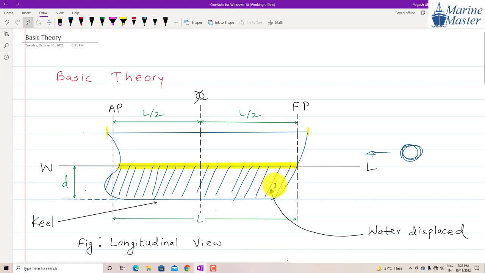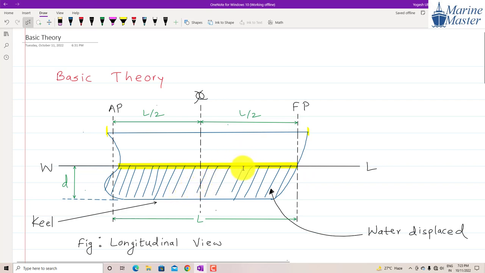According to Archimedes principle, for a floating vessel, whatever the mass of the vessel, the same amount of water is going to be displaced. For a floating object, whatever the mass of that object, the same mass of water is displaced from this portion, guys.